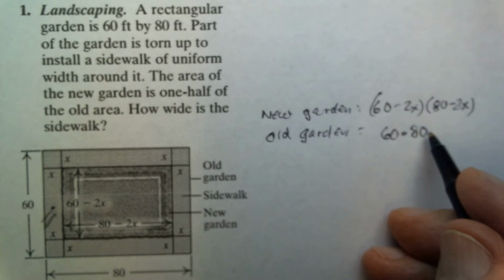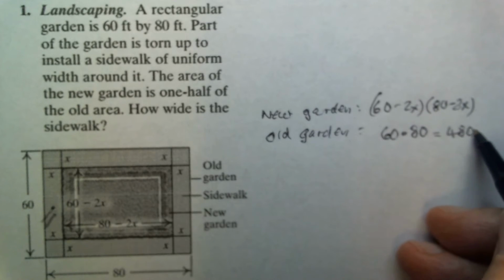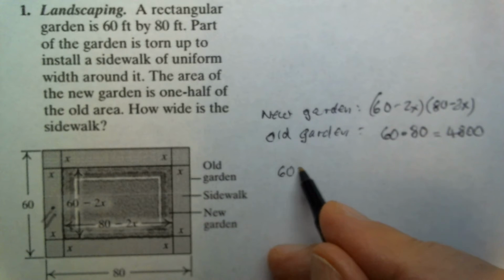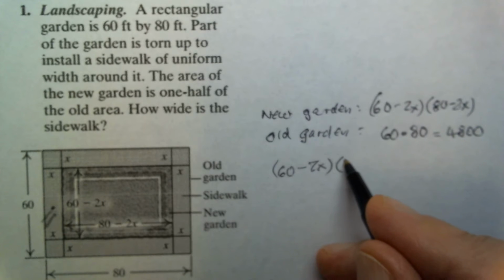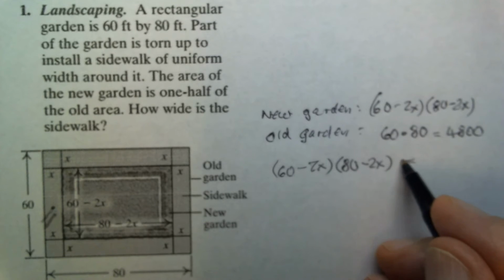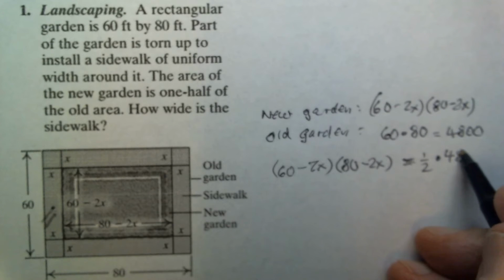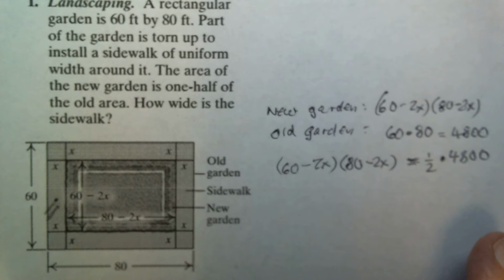Now the new garden is 1/2 the area of the old garden, so that area is 4,800 square feet. So we know that 60 minus 2x times 80 minus 2x is equal to 1/2 times 4,800, or 2,400 square feet.